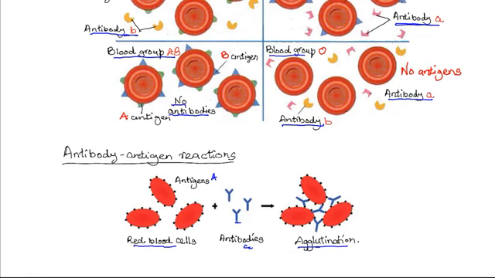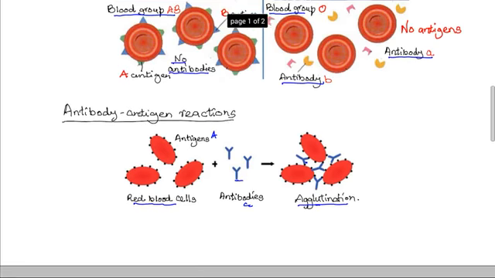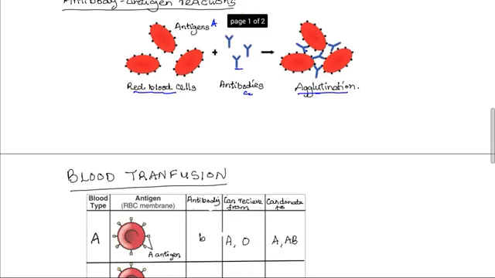These antibodies will cause the clumping together of the red blood cells that have the corresponding antigen. So it is very important that antibodies and antigens do not correspond, or do not occur together in the same circulatory system, for there is going to be an antigen-antibody reaction resulting in agglutination. And this is what is taken into consideration during blood transfusion.